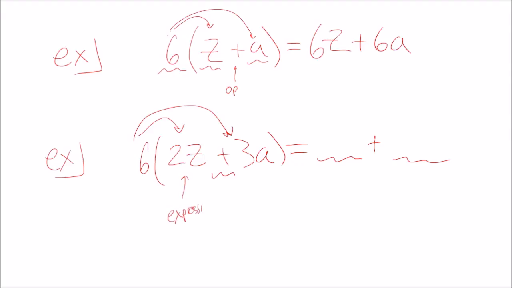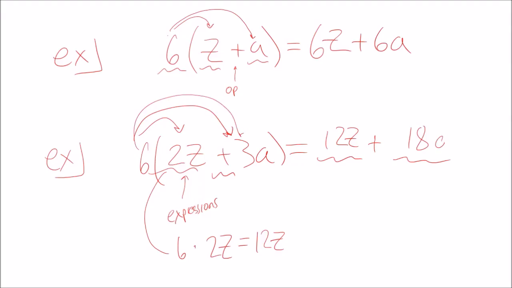So we still are going to keep that multiplication as how we distribute, and we're going to multiply, in this case right here, 6 times 2z, which is 12z, okay? So we're going to have 12z, and we're going to do the same thing here, and we're going to have 18a, and that's our simplest form.